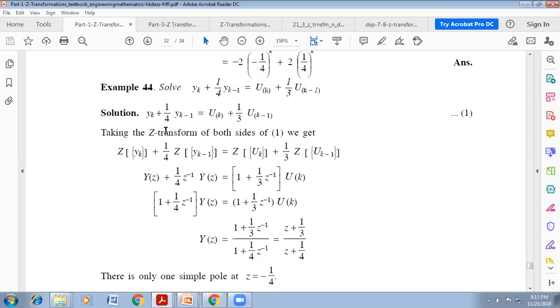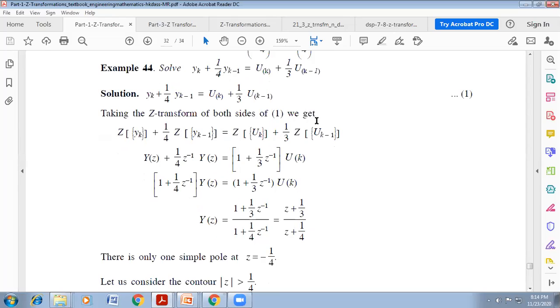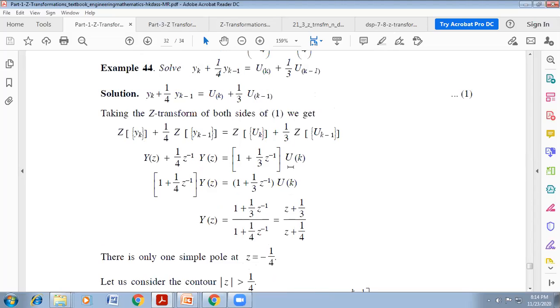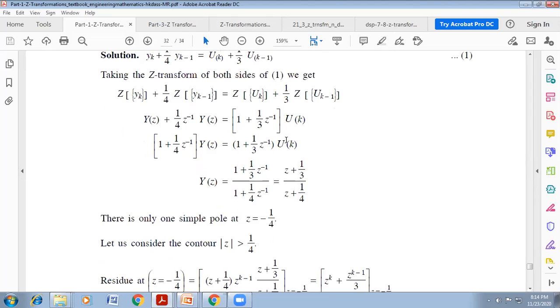Now taking the Z transform on both sides, Y(z) will be the Z transformation of the left hand side and U(z) the Z transformation of the right hand side. So Y(z) can be written as U(z) divided by (1 plus 1/3 z inverse)(1 plus 1/4 z inverse).